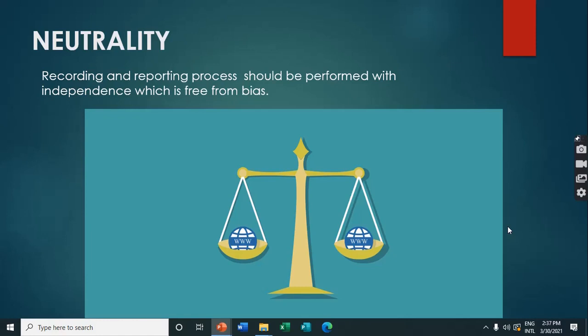So, sinabi mo sa accountant, palitan mo yung amount ng FS kasi ganito yung gusto ng company na mag-i-invest sa atin. So, that is not already a neutrality. So, papalitan mo yung FS para lang magustuhan, para lang mag-invest yung isang investors mo, para lang makakuha ka ng investors, no? That is hindi yun tama. Ayan. Wala nang neutrality doon.